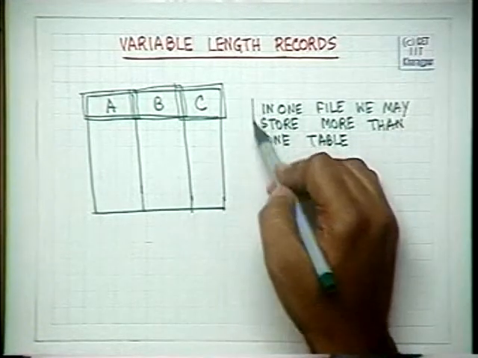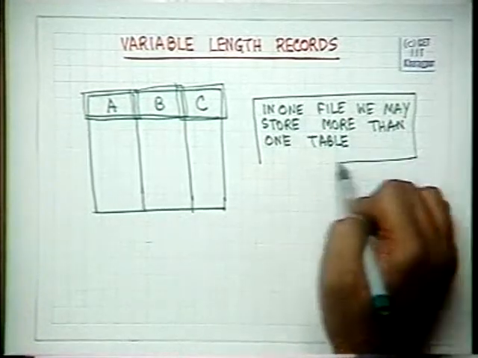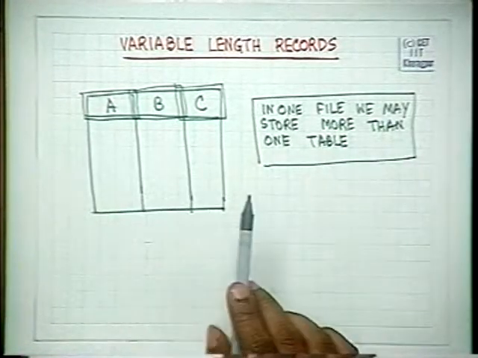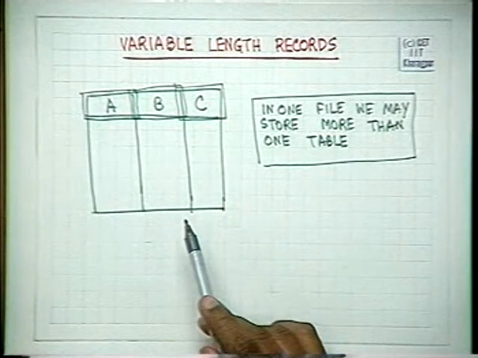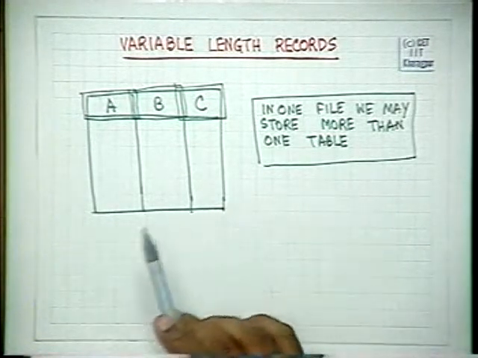If we start storing in one file more than one table, then obviously for one table we will have one type of record, for another table we will have another type of record structure, and they will come into the disk and be stored in any place one after another, and we will have various types of possibilities of their occurring on the disk, and therefore we can have them.